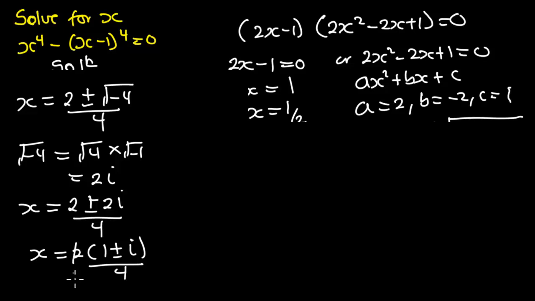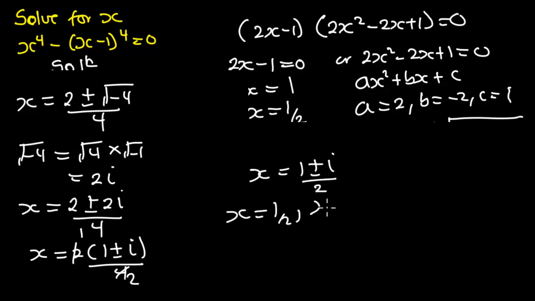And from here, 2 cancels out itself once, and then into 4 twice. So we are going to have x to be equal to 1 plus or minus i all over 2. So from here, our answers for x are x is equal to half. We also have x is equal to 1 plus i all over 2. Then we also have x is equal to 1 minus i all over 2.